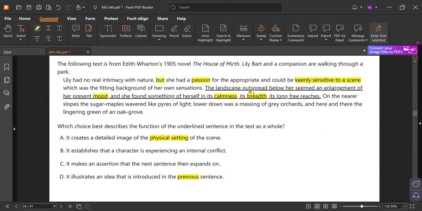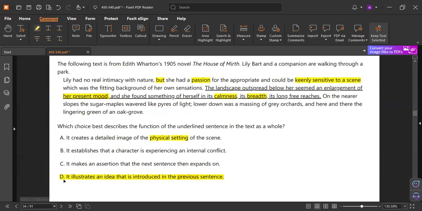This is sensitiveness. Outspread, the landscape outspread below her seemed an enlargement of her present mood. Keenly sensitive. She found something of herself, and its calmness, sensitive, breaths, and its long free reaches. So it illustrates the point I mentioned before.